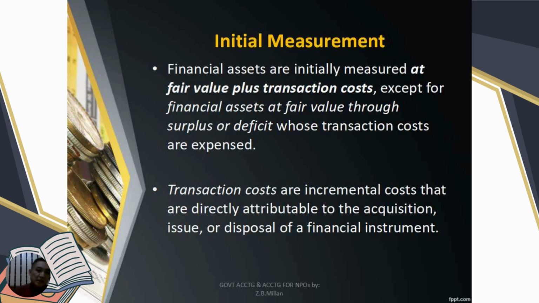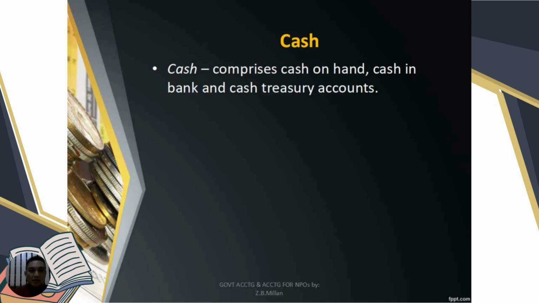Transaction costs are incremental costs that are directly attributable to the acquisition, issue, or disposal of a financial instrument. Cash comprises cash on hand, cash in bank, and cash treasury account. So there are different classes of cash.